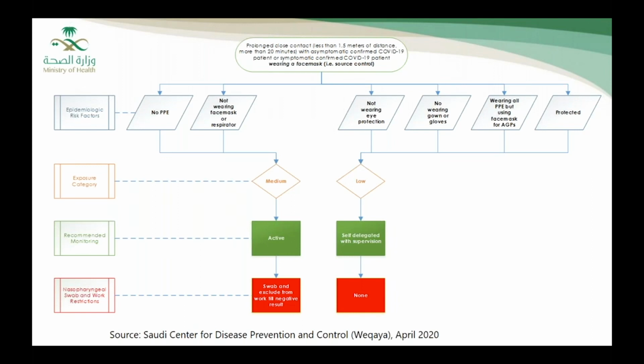Here, if there is no PPE or not wearing a face mask or respirator, we go to medium, active monitoring, and swab, and exclude from work until the negative result comes. This is for the people who were exposed to COVID-19 patients.